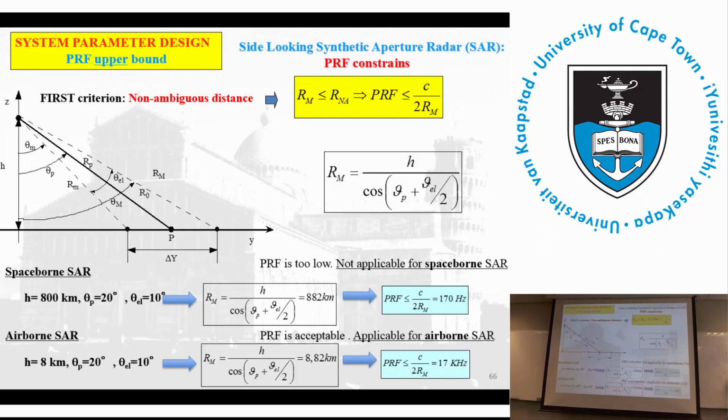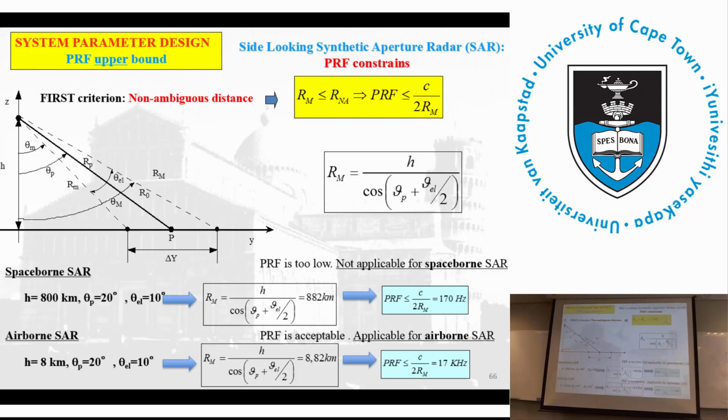The non-ambiguous range, if this is T, is c times T divided by 2, which becomes R. So this R here is what I call the non-ambiguous range. And this is because if I send a pulse here, I may receive an echo down here.